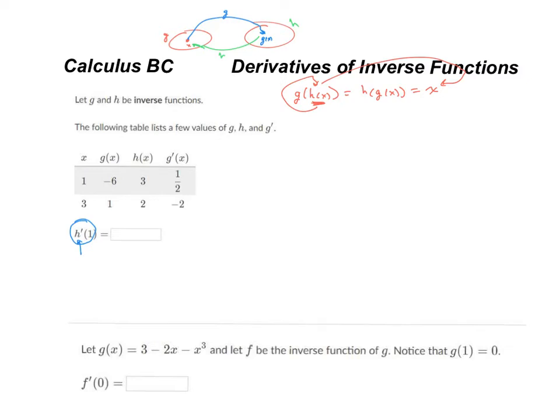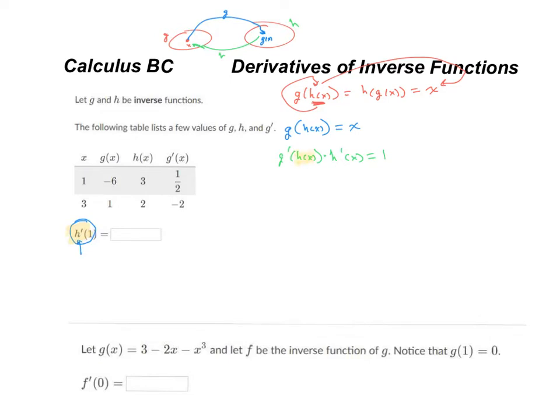So in this case, I'm going to start with g of h of x. Well, if g and h are inverses, g of h of x is x, and now I can take the derivative. If I take the derivative, g prime of h of x times h prime of x equals 1. Why does the h go in there, if I'm looking for h prime of something?